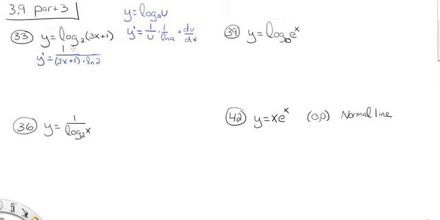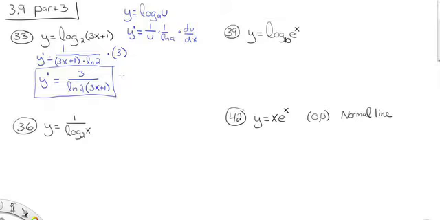So all of that is the derivative of log base 2 of anything. And then we need to multiply by the derivative of 3x plus 1, which is simply 3. So let's clean this up a little bit, giving me 3 over, we'll put the constant in the front, 3x plus 1. And that should be it.